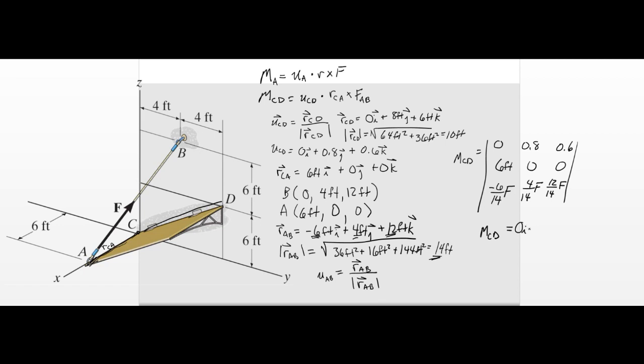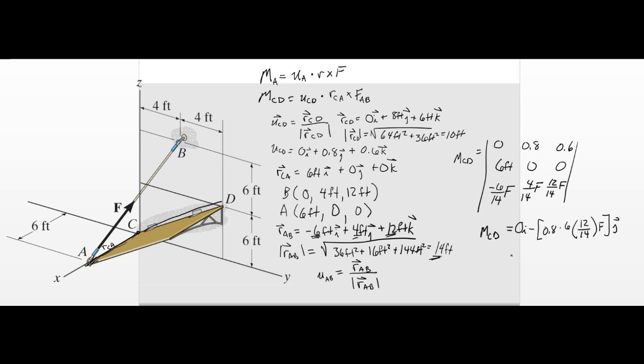And then we're going to have minus for the j term: the 0.8 times 6 times 12 over 14 F, and then you have 0, and this is the j.